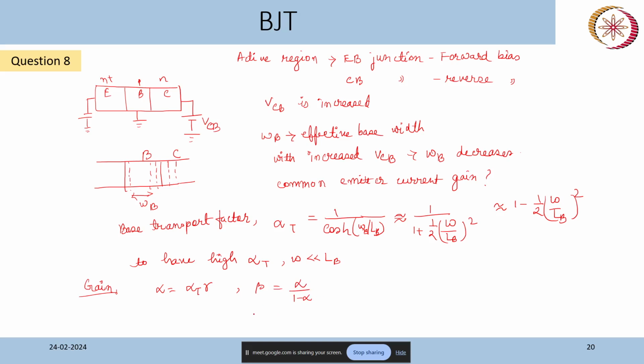Okay, so as the effective base width decreases with an increase in the reverse bias voltage, gain increases.